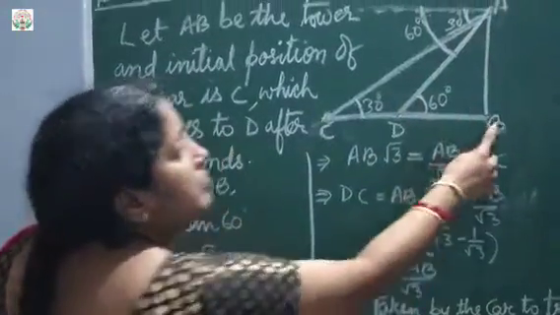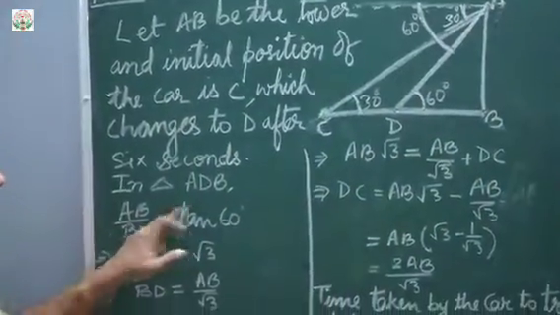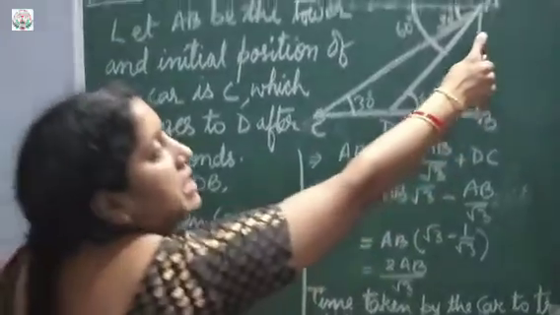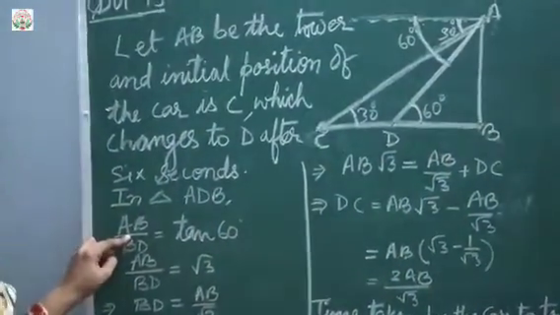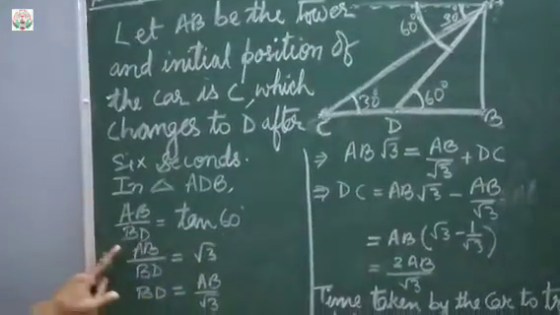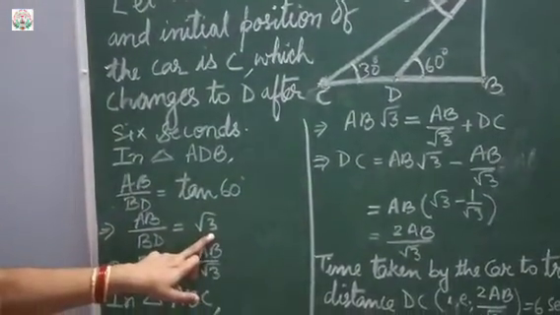So now in triangle ADB, this small triangle first we'll take. In that, we know that AB upon BD equals tan 60. We know the tan 60 value, that is root 3.